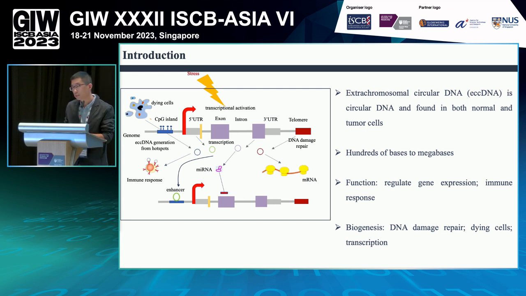On the other hand, the origin of eccDNA has also been described by several models. For example, eccDNA production may be related to DNA damage repair, dying cells, or transcription.